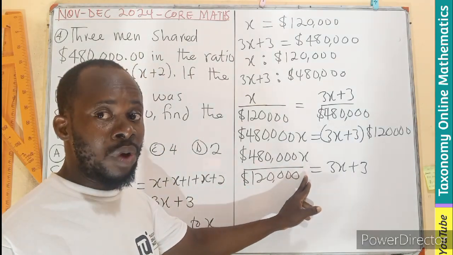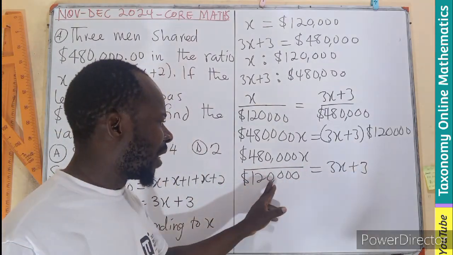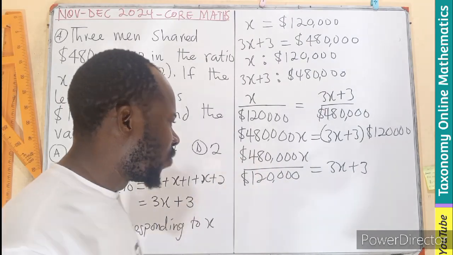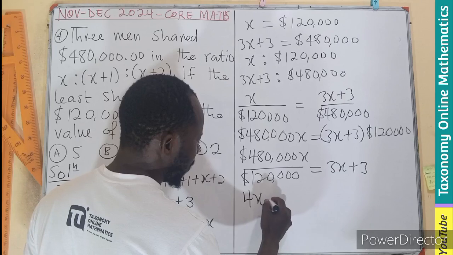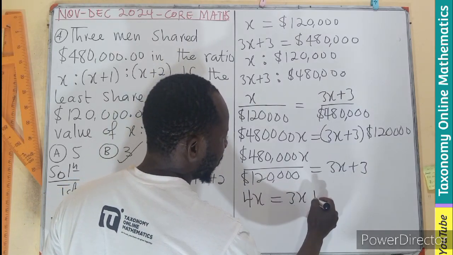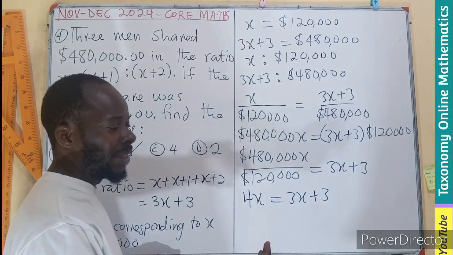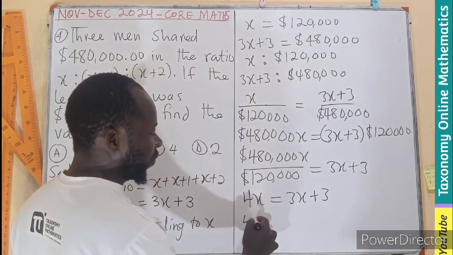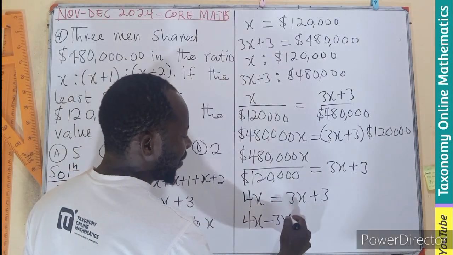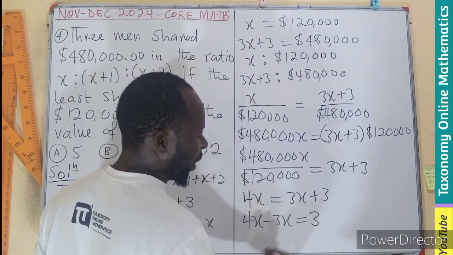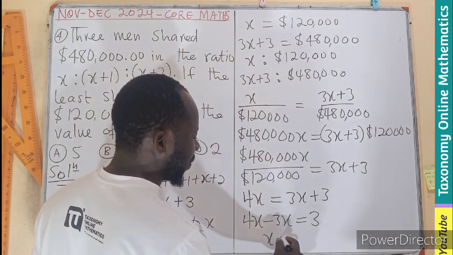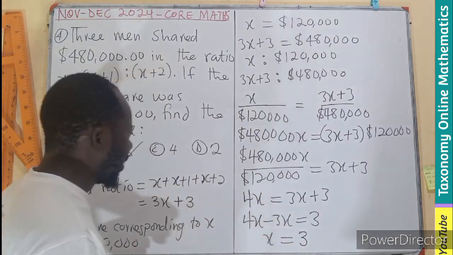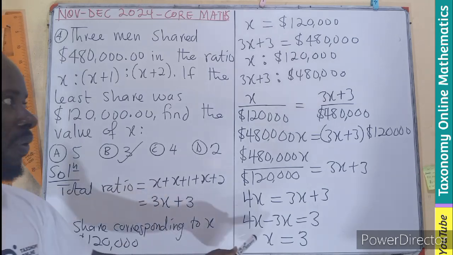The zeros will cancel. 12 will go into 48 4 times. So 4x equals 3x plus 3. Let's group like terms: 4x minus 3x equals 3, and 4x minus 3x will give us only x. That will be 3, and the option 3 will still be the same thing.